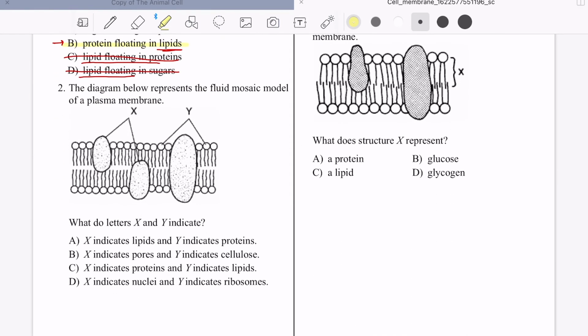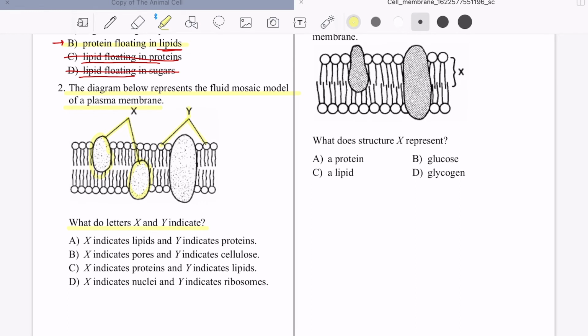Number 2. The diagram below represents the fluid mosaic model of a plasma membrane. What do letters X and Y indicate? Okay, we have X pointing to the protein channels. We have Y pointing to the phospholipid, fat lipid bilayer.